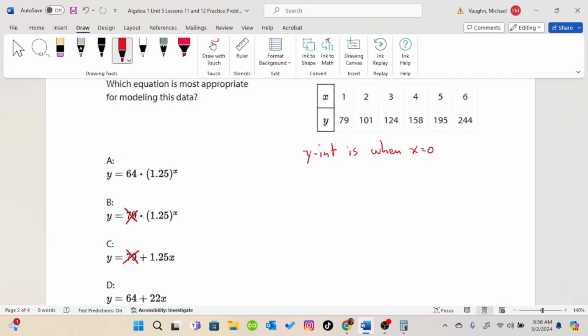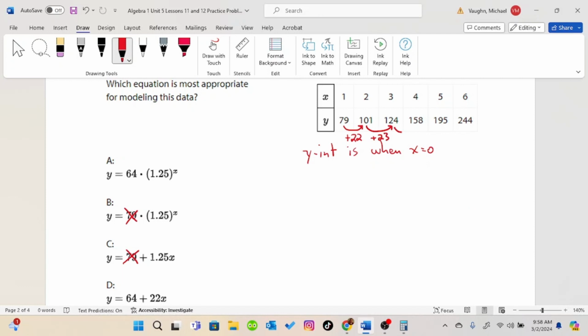So it's either A, which is an exponential function, or it's D, which is a linear function. So now we need to see, are we adding the same amount each time? To go from 79 to 101, you add 22. To go from 101 to 124, you add 23.